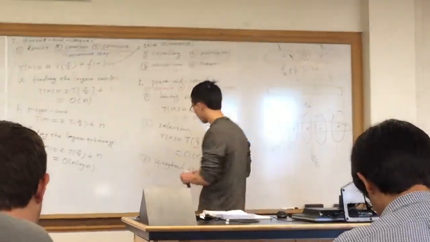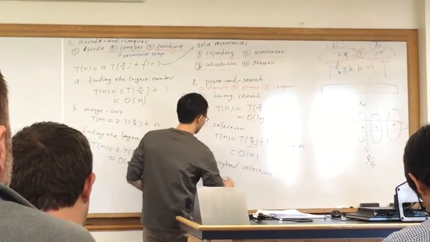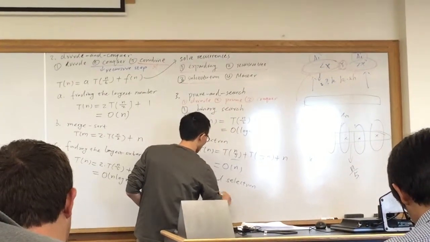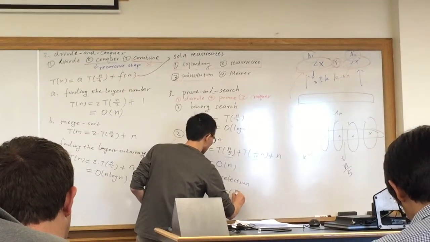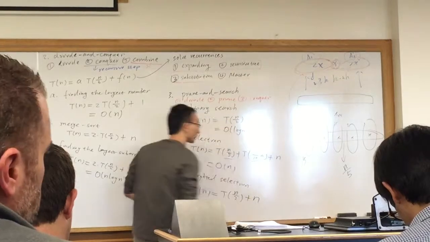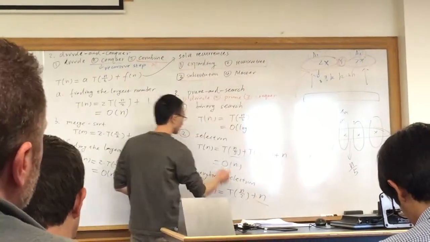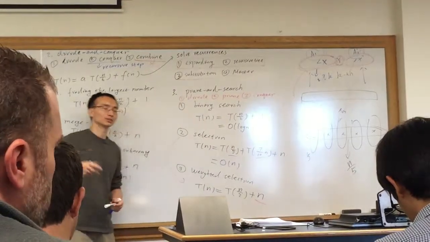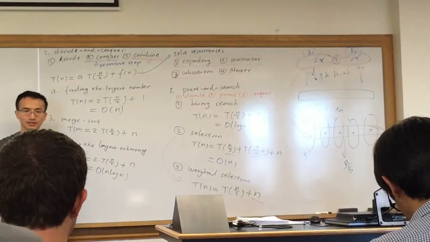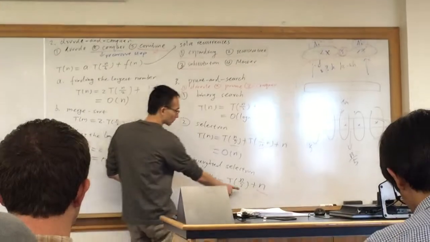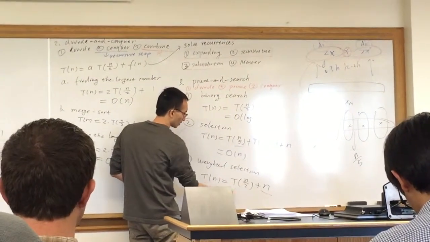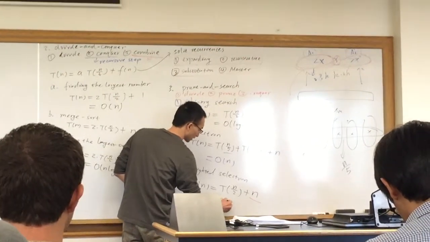So in general, the recurrence is T(n) = T(n/2) + n. We get this n because we have a selection algorithm. Every time we pull a half, and therefore we get order n.